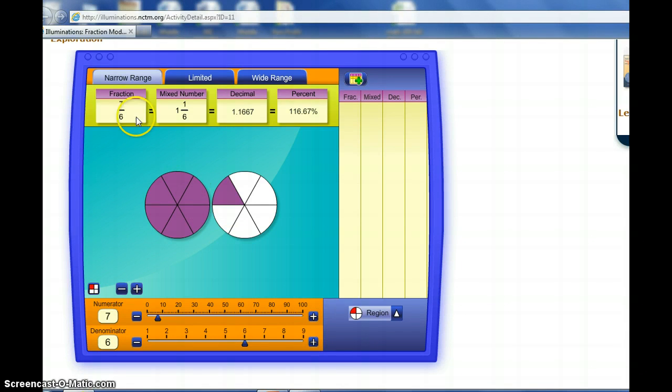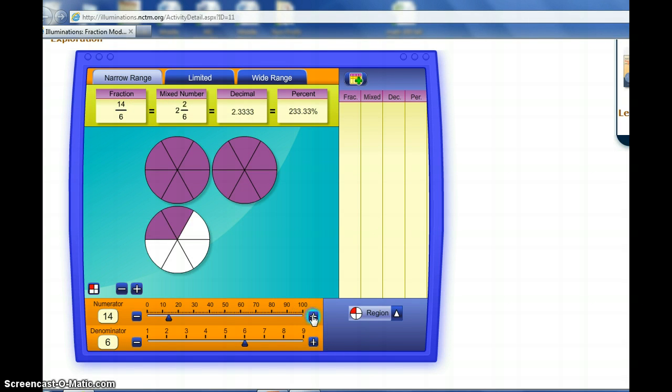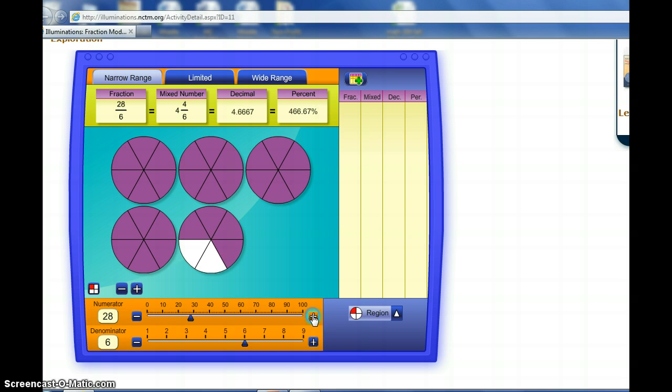So when I get up to 7/6, you can see why it's 1 whole plus another 1/6. So 1 plus 1/6 is equal to 7/6. And of course you can keep doing this. You can just keep working on this and seeing how far it goes up.